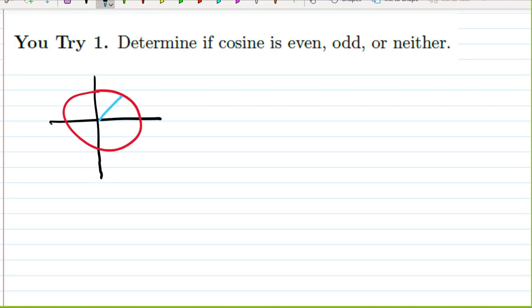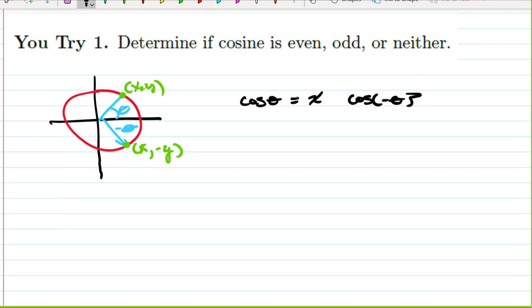And if we look at positive theta and negative theta, and we analyze our points once again, we would have x comma y, and we would have x comma negative y. That would give us that the cosine of theta is equal to x, but the cosine of negative theta is also going to be equal to x.